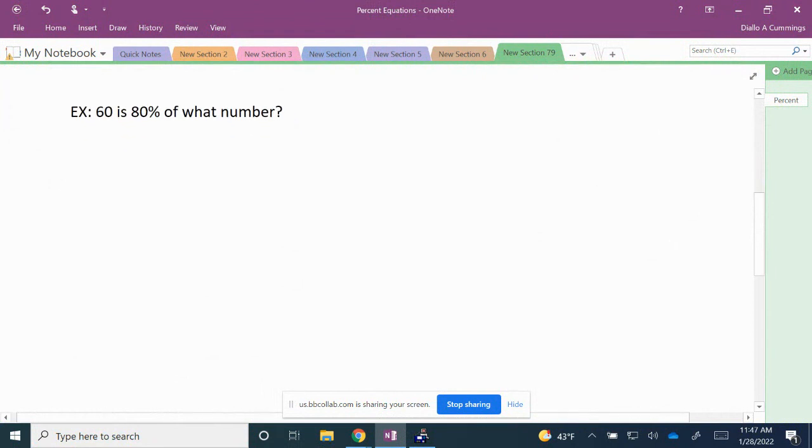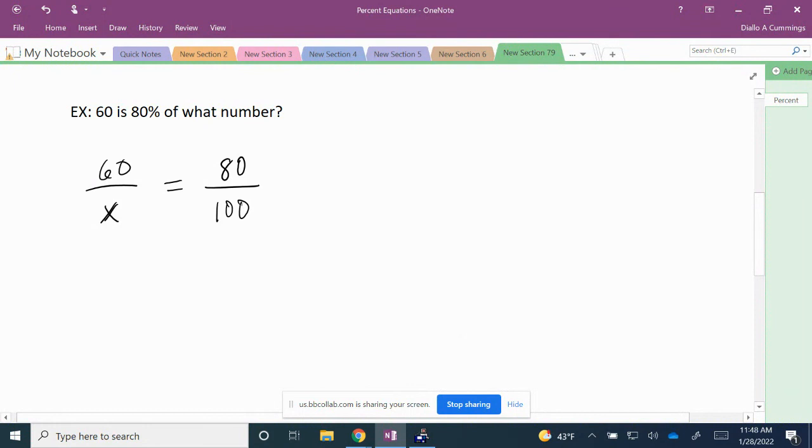So going back to our problem, 60 is, so 60 is going to go in our numerator. 80%, so I'm going to put 80 in the percent spot. Of what number? Since we're trying to find the of, that's going to represent our variable x. And notice that our percent is always over 100.